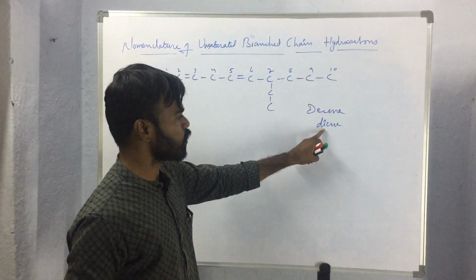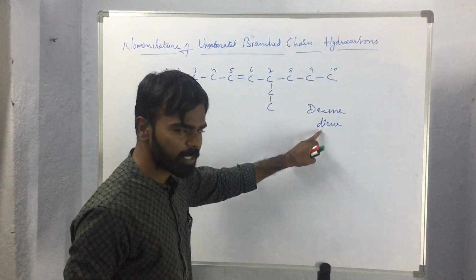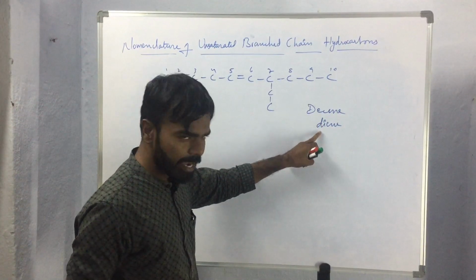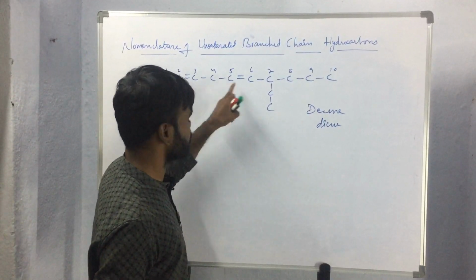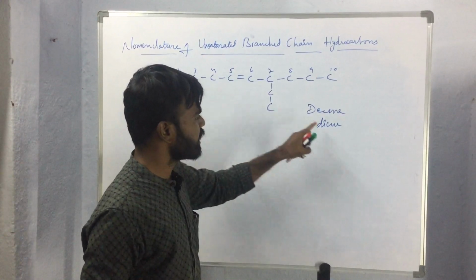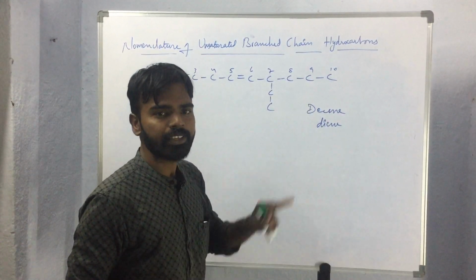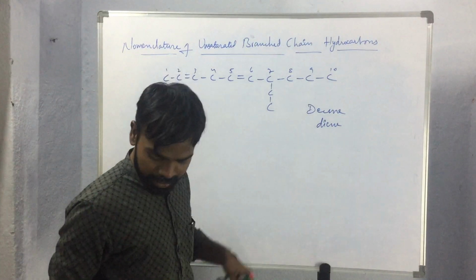To represent two unsaturations, we will be using the prefix di, and here it is having two enes, that means two double bonds. So the name diene will be used, and it is decene.